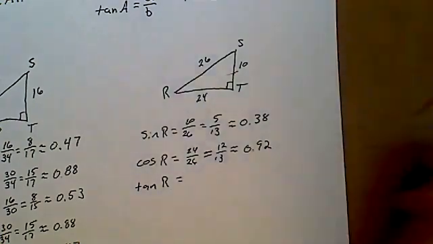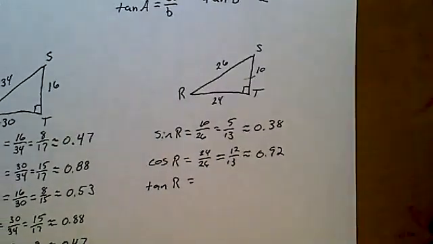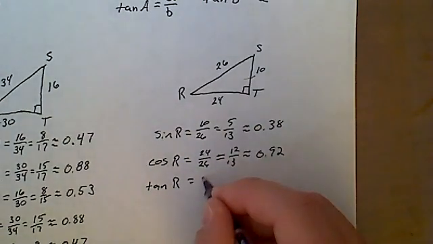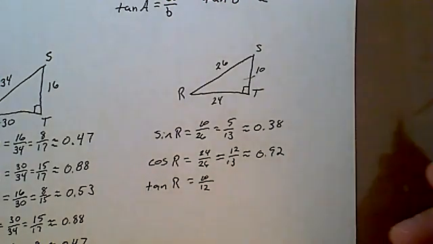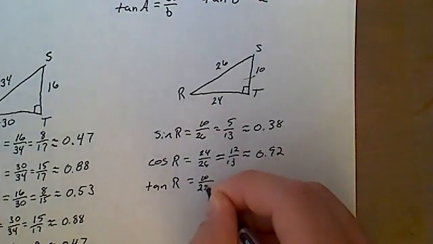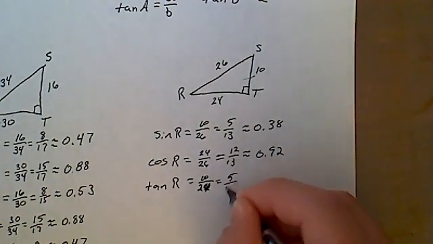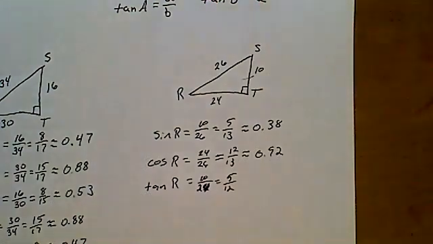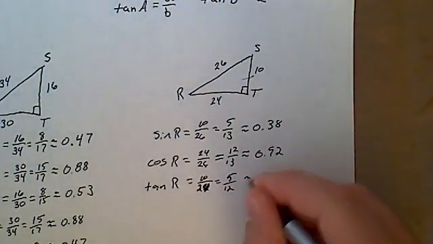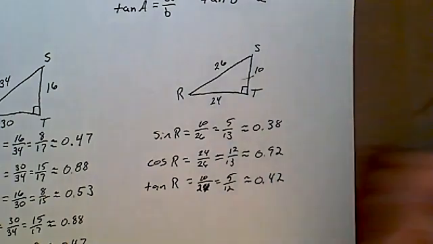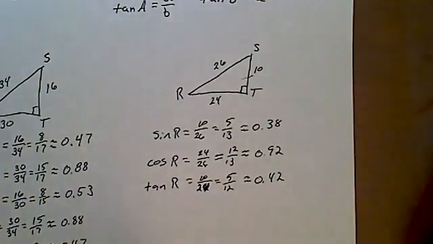And the tangent of R is the opposite 10 over the adjacent, it's 24. Which is 5/12, about 0.42.